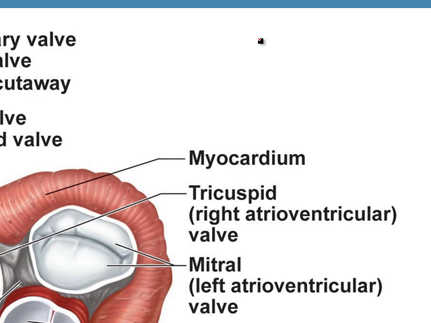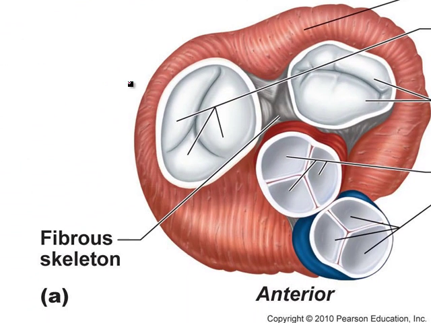The atrioventricular valves are described next, and again we can see them nice and clearly. The tricuspid valve has what? Three little flaps. We see that here. And the bicuspid valve has two flaps.